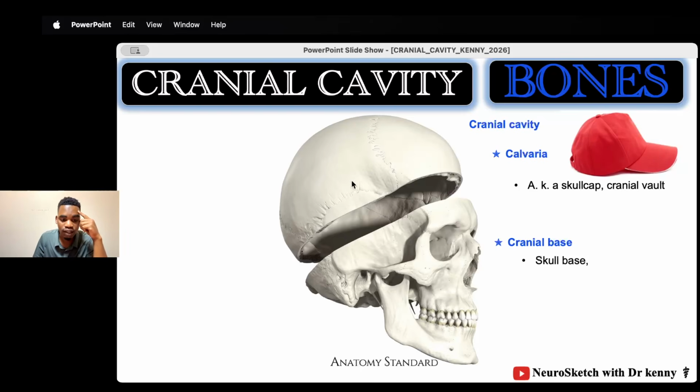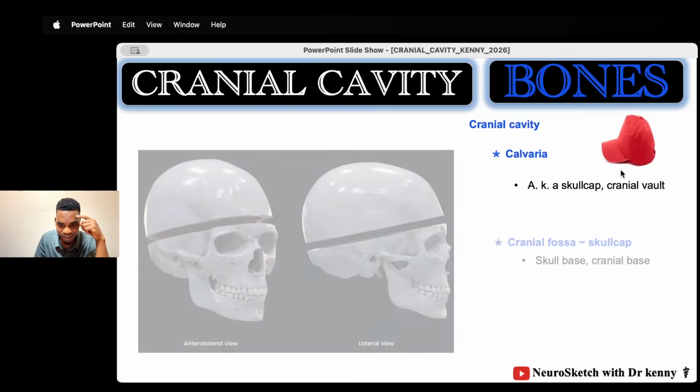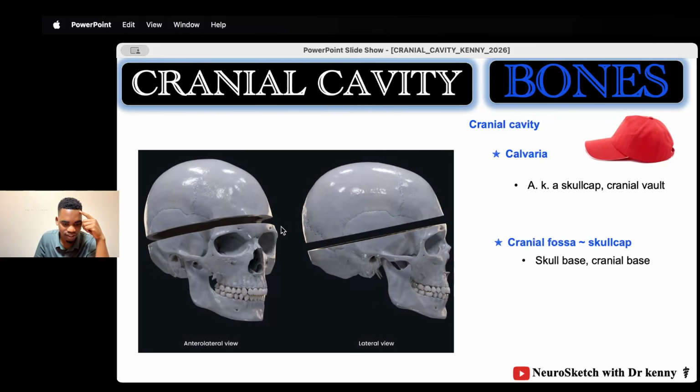Picture your calvaria as this cup here. This is another picture showing the skull with the skull cup, which is the cranial vault, your calvaria, and the cranial base.